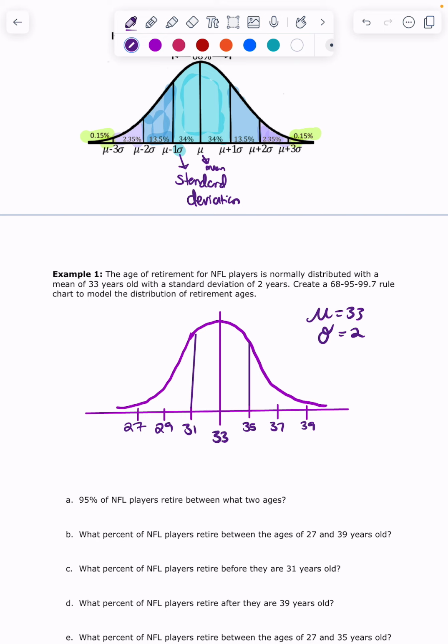So the middle two sections, that's where your 68% is. So each one is 34%. And it might be helpful to shade it in. All right, and then your next sections each have 13.5%. And I'll shade those in.